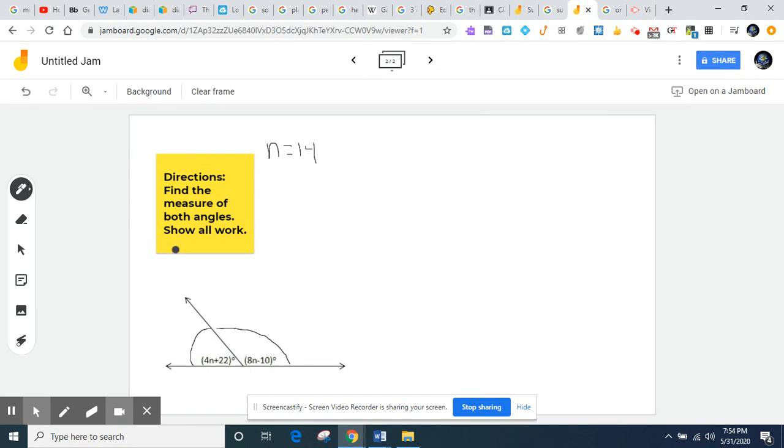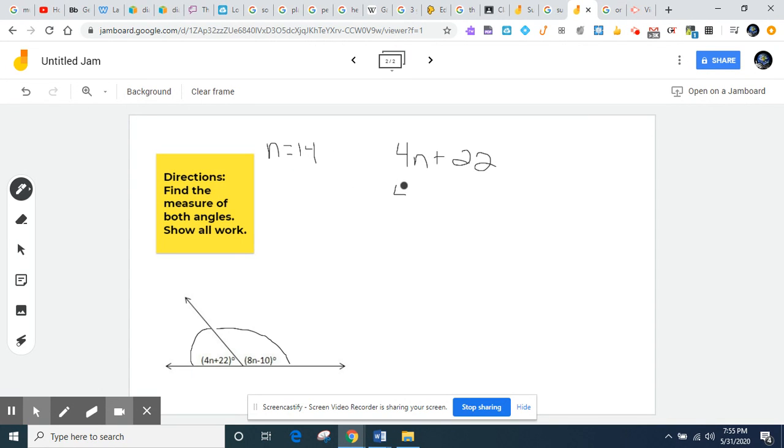So now to do what the directions are telling us to do, to find the measure of both angles and show all work, what we have to do is simplify each expression individually. So let's start with our first expression here. We have 4n plus 22. Okay, so now wherever we see an n, we're going to substitute that n for 14 because that's the value of n.